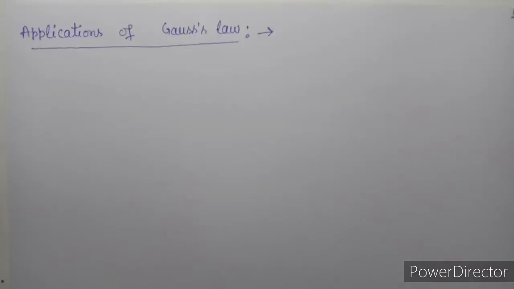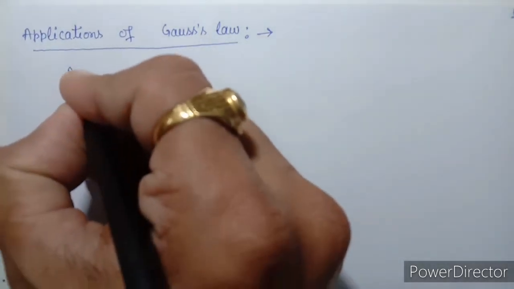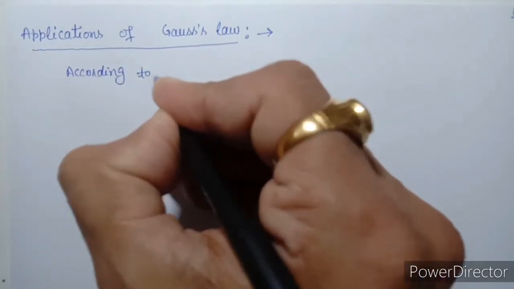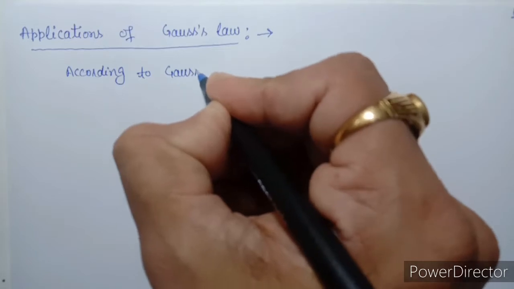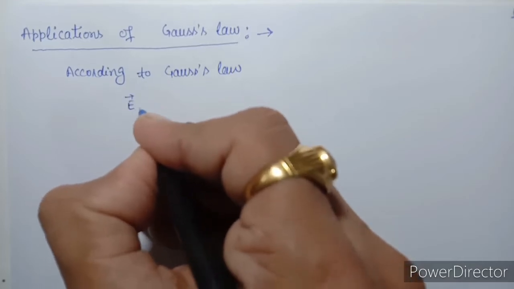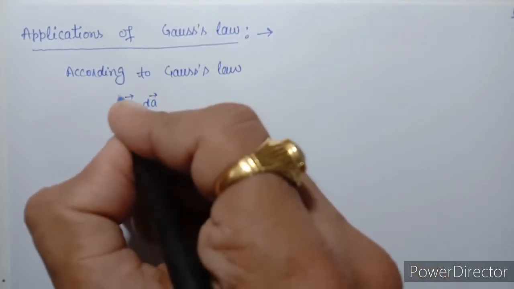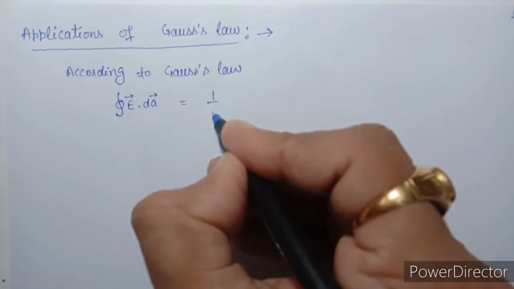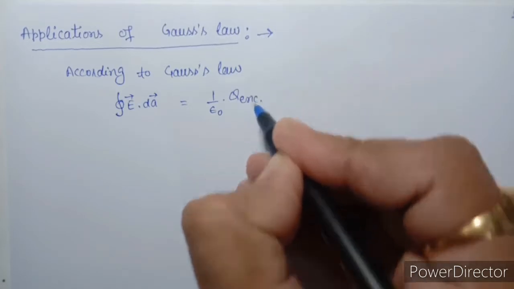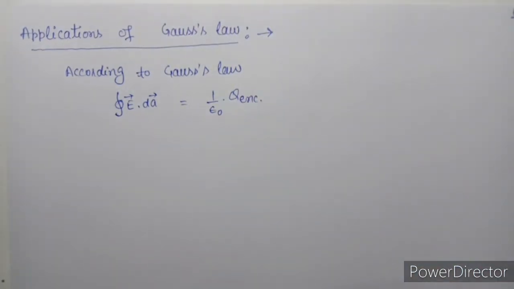Hello everyone. In this lecture we will discuss application of Gauss law. So here, according to Gauss law, E dot dA is equal to 1 over epsilon naught times the total charge enclosed within that surface.